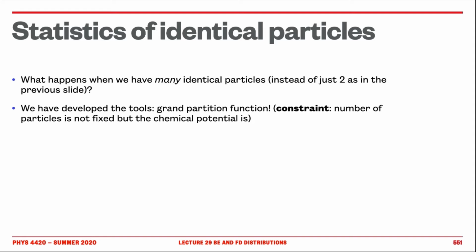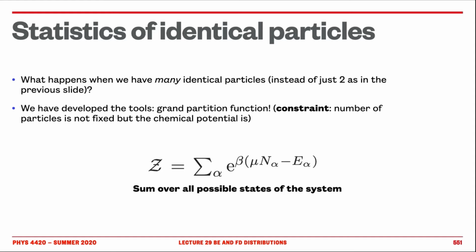The grand partition function allowed us to have the number of particles changing, so it's not a constant number of particles. The chemical potential is imposed, just like the temperature is also imposed. It's going to become clear to you why we do this. We could fix the number of particles at the end when everything is done, but you will see that for the formalism, using the grand partition function will make things very simple.